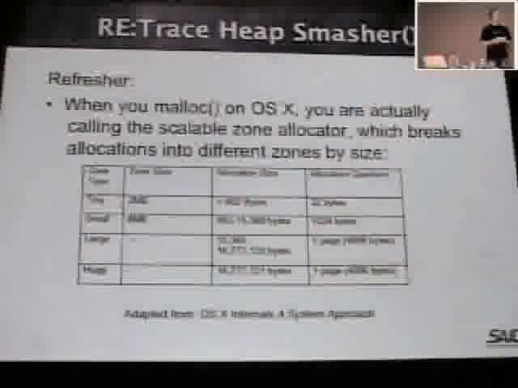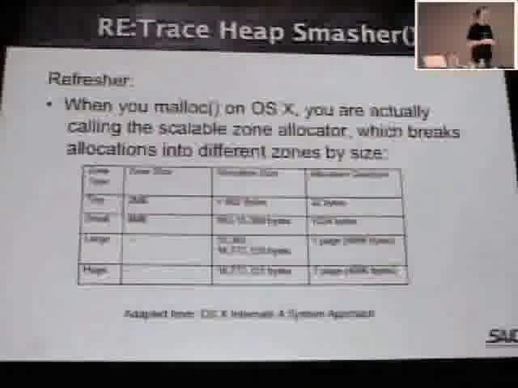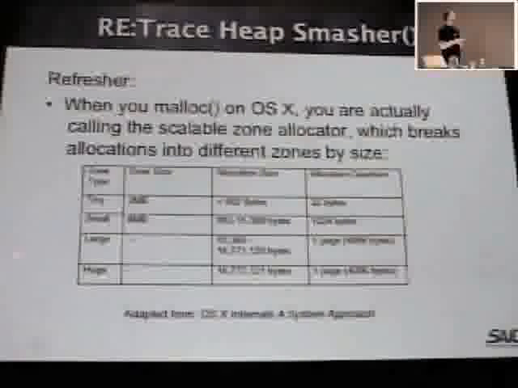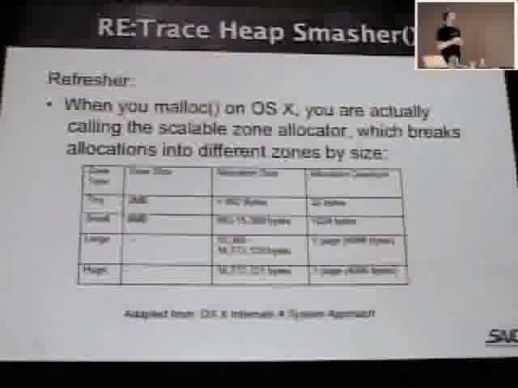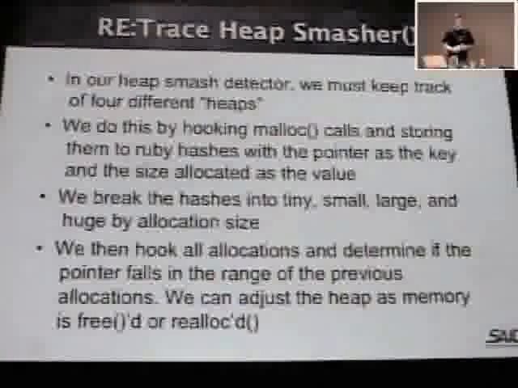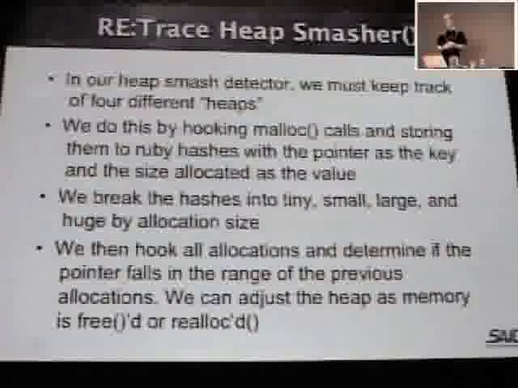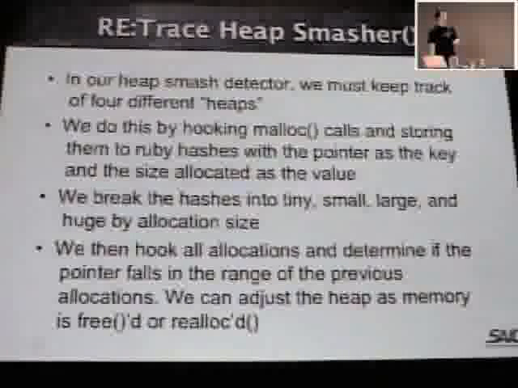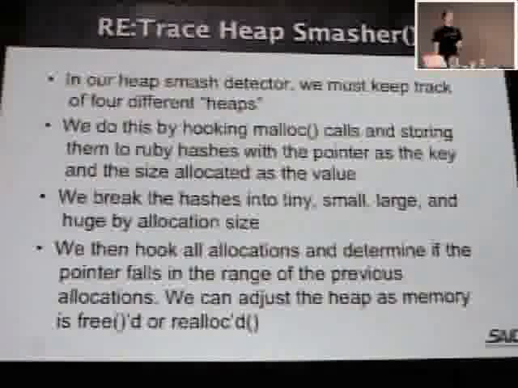Depending on what size you malloc, you get memory space in a separate heap. There's a tiny heap, small heap, large heap, and huge heap. So we have to deal with monitoring all of these. There are 4 heaps to monitor.